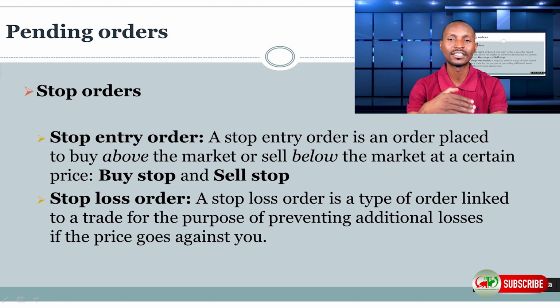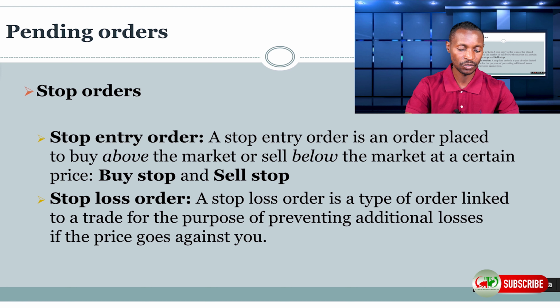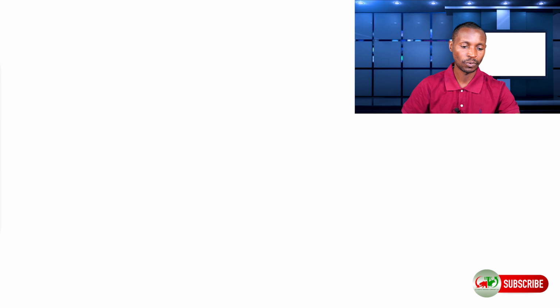A stop entry order is an order we use to enter into a trade. It is an order placed to buy above the current price or to sell below the current price. Let's go to the whiteboard in order to see the difference between the stop orders.